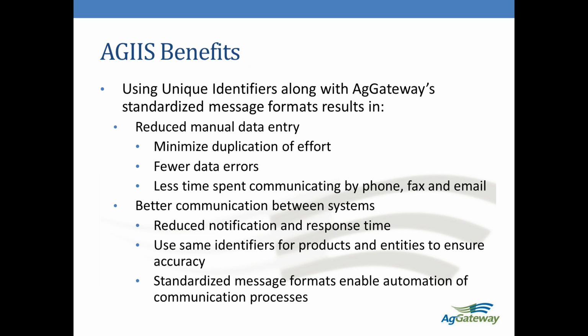So the next thing is a continuous improvement process. When you have a database or a software like AGIIS, one of the things we want to make sure we're doing is continually improving the product. And that really begins with subscriber input.